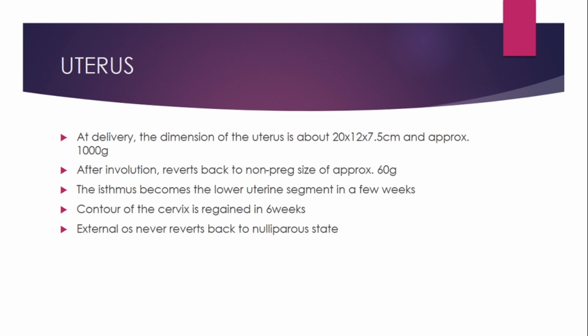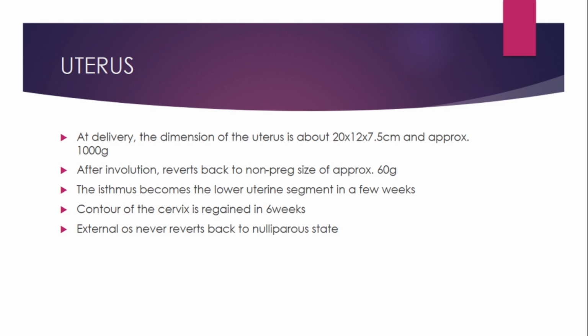So now, at delivery, the dimension of the uterus is about 20 by 12 by 7.5 cm and approximately 1,000 grams in weight. After involution, it reverts back to non-pregnant size of approximately 60 grams.